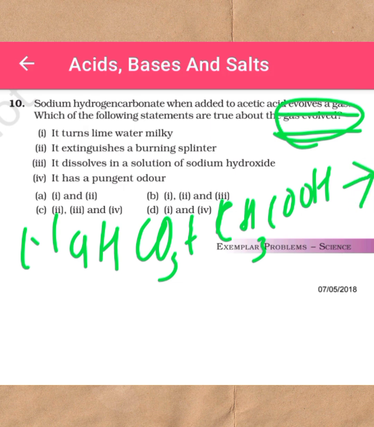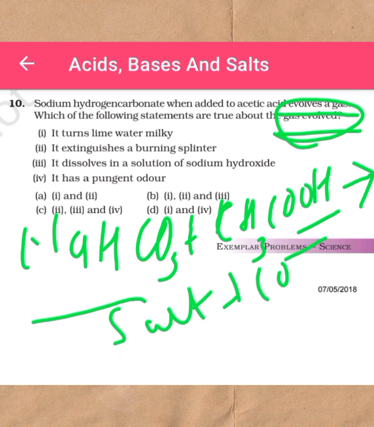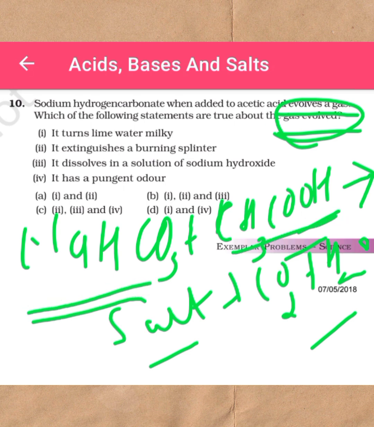So let us find out the product of the reaction. If the metal carbonate or the bicarbonate reacts with acid, it will give salt plus carbon dioxide plus water. This is the general rule for acid. If any salt combines with acid, it will form salt with carbon dioxide and water. So the gas evolved here is carbon dioxide.